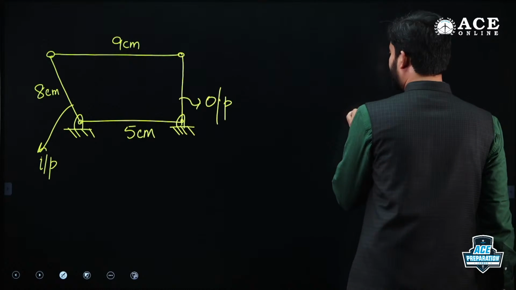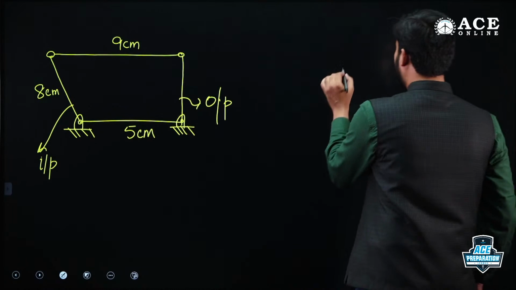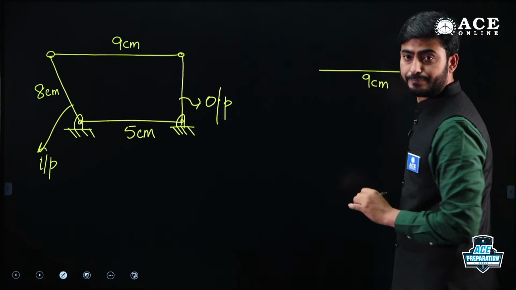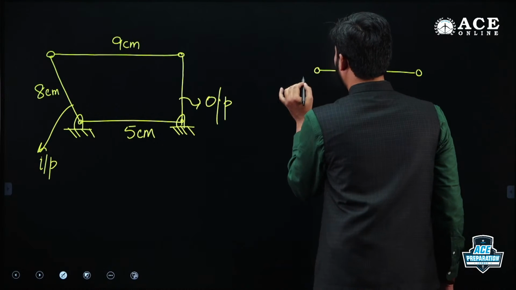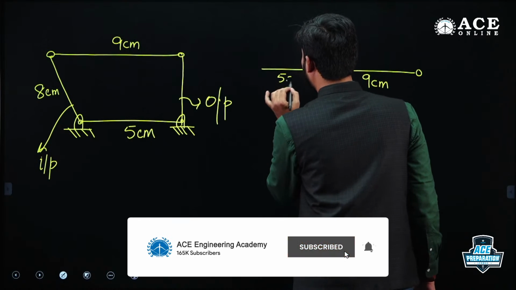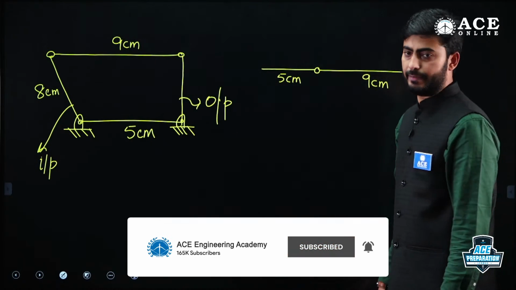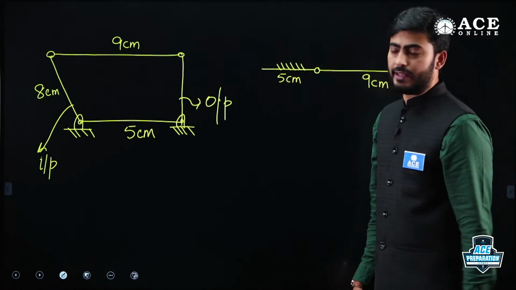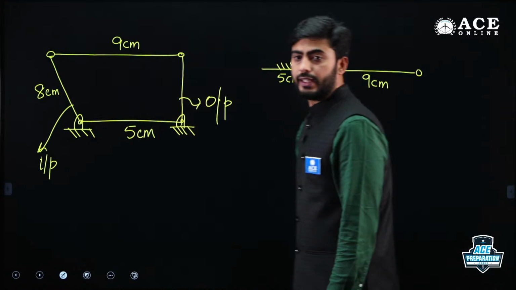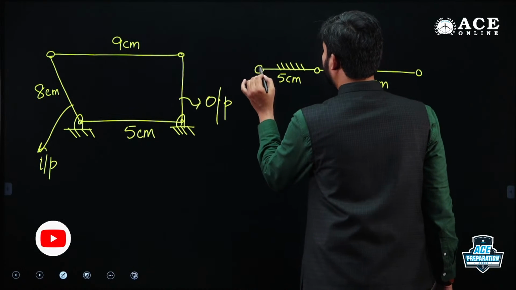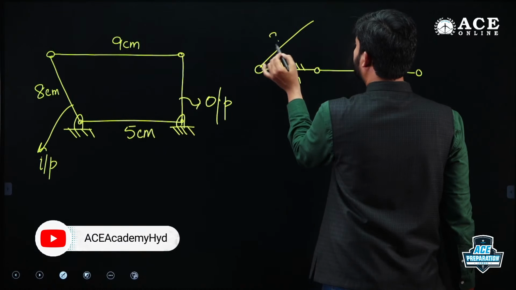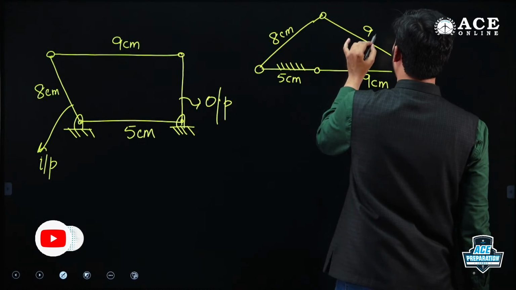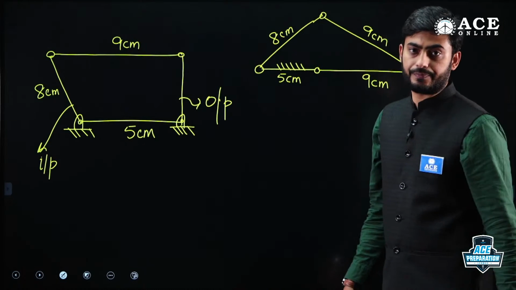So the first extreme position is when the 9 centimeter link is horizontal, followed by the 5 centimeter link, which is the fixed link. Similarly, the input link, whose length is 8 centimeters, will be something like this. This is 8 centimeters and 9 centimeters.